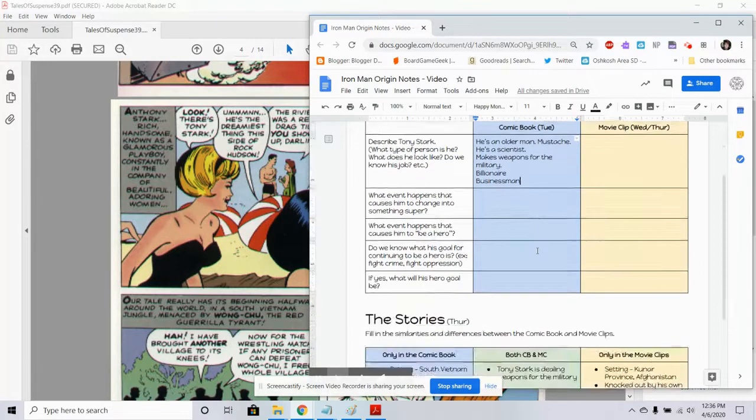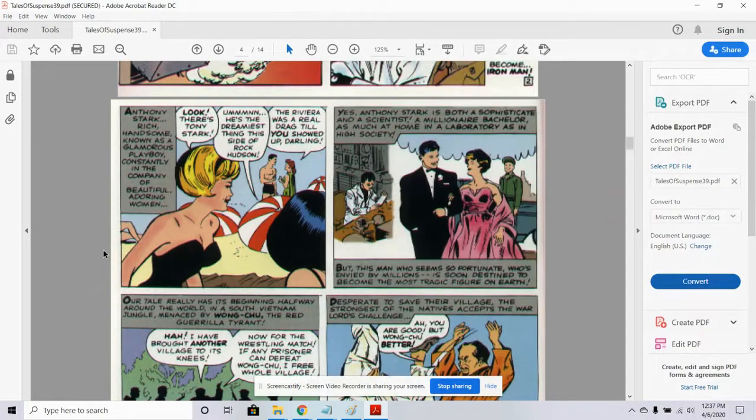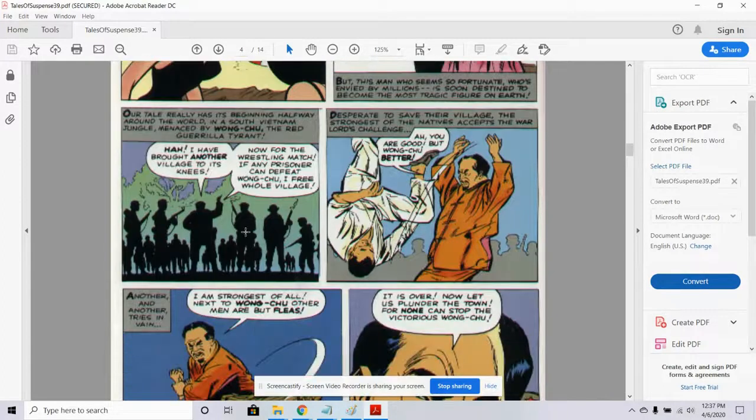Okay. Then when we're looking at what events happen that cause him to change into something super. So remember when you watched your video on origin story, super is where they seem to get the thing that's special about them. So as we scroll down through the comic book, we start to have the villains portrayed to us so that we know, hey, these are probably who Tony Stark or Iron Man is going to end up dealing with.